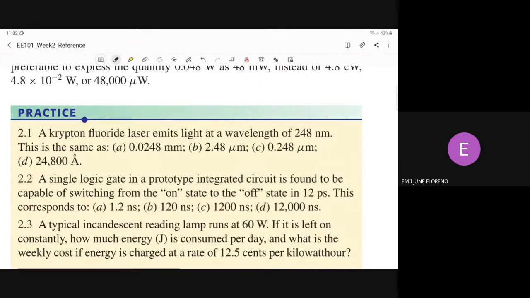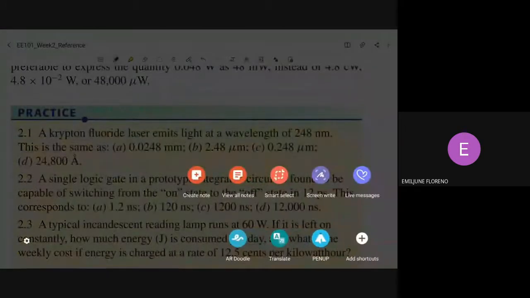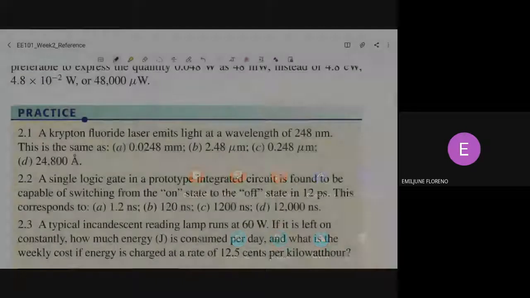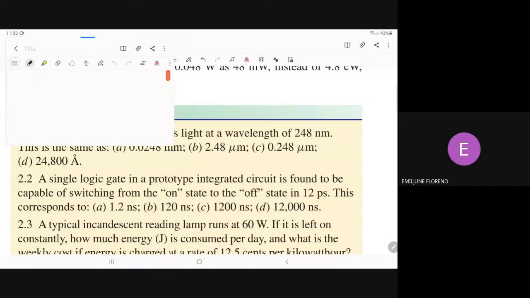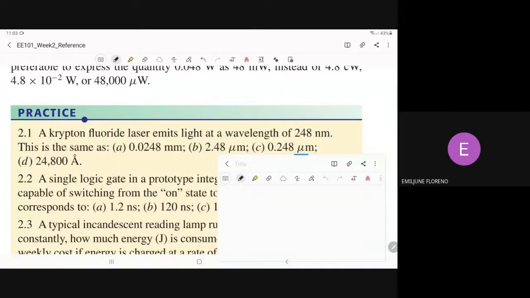If A is the answer, let's examine. If A, is it possible? Okay, so if A, we have 0.0248 millimeters.